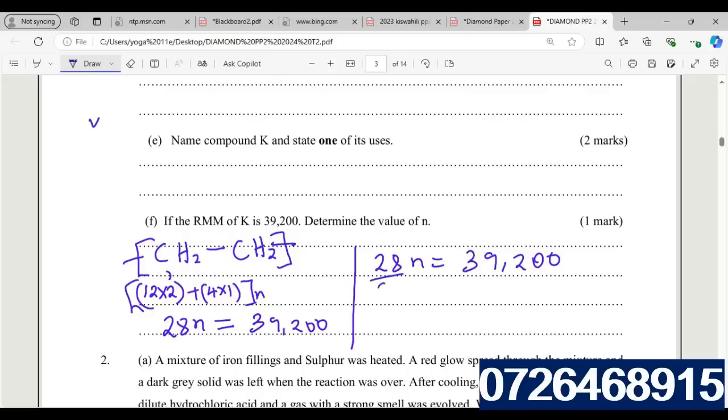You divide both sides by 28, so n will be 1,400. So in this compound with this mass, there will be 1,400 monomers that form this polymer.